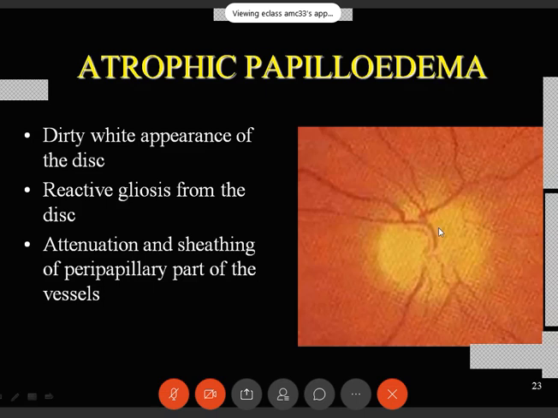At this stage, sudden blindness is present. Attenuation and sheathing of the peripapillary part of the vessels. This is atrophic papilledema. Dirty white appearance of the disc and reactive gliosis. Attenuation and sheathing of the peripapillary vessels.